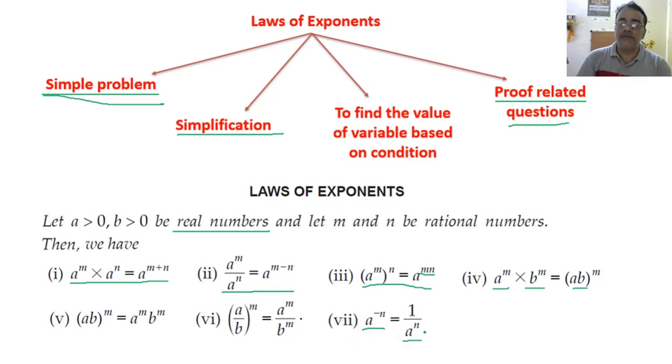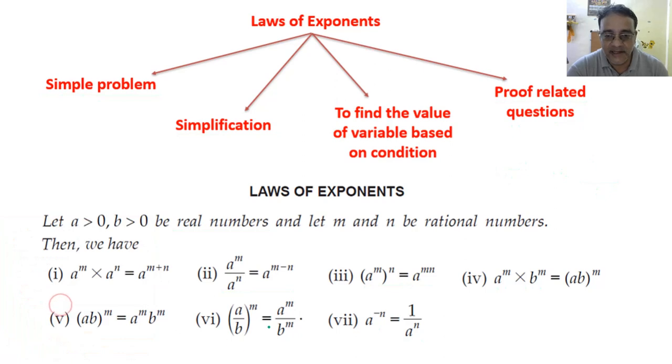So a to the power minus 1 कितना होगा? 1 upon a to the power 1. 1 upon a होगा. ओके. सिमिलरली इसका भी कन्वर्स हम लोग लिख सकते हैं. We can write the converse of this also. How will you write? a to the power m upon b to the power m.